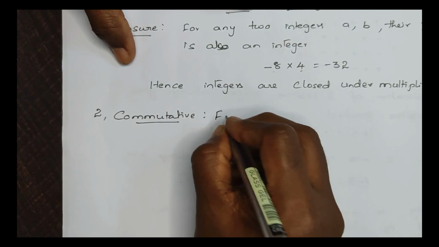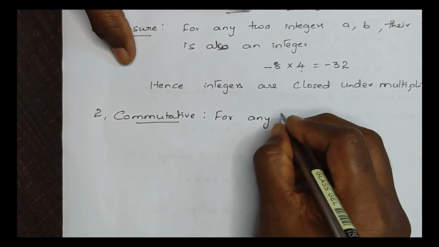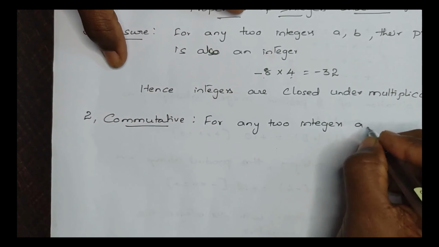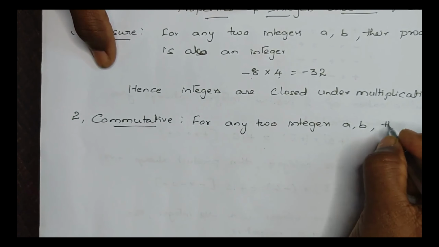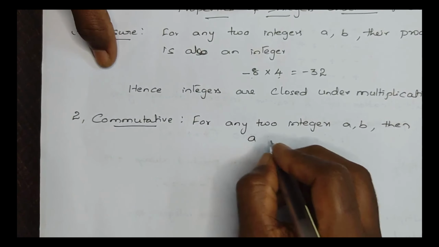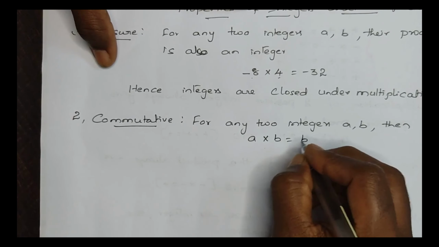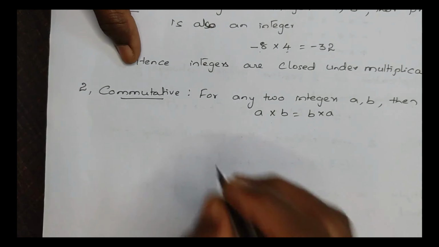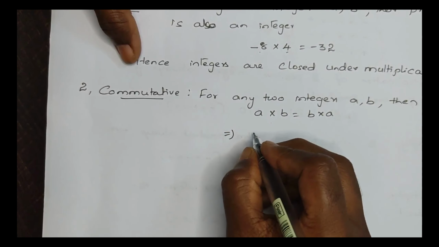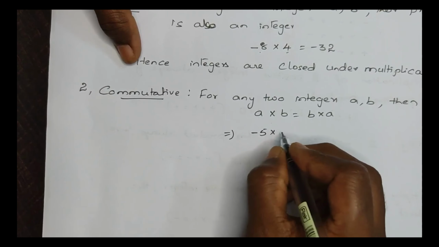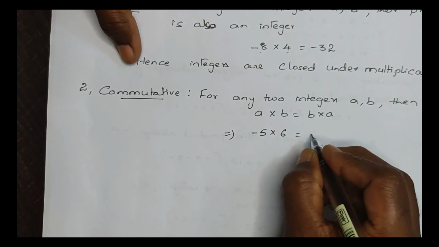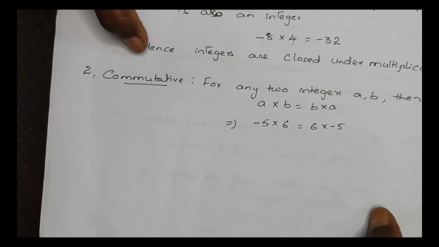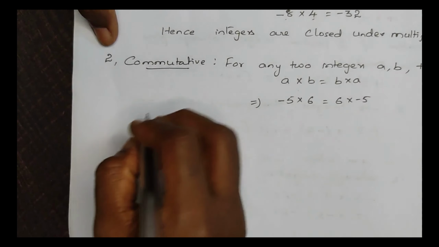Now here, for any two integers a and b, a into b will always be equal to b into a, interchanging the position of the numbers. We can use the example: minus 5 into 6 is also equal to 6 into minus 5. Both give the same answer, isn't it? So this is called commutative property.